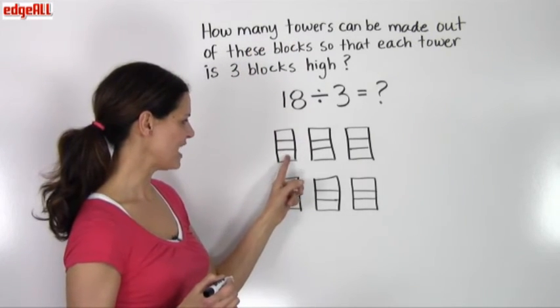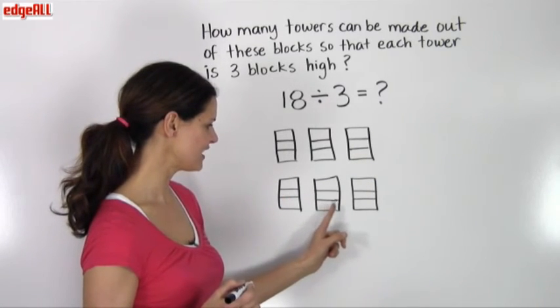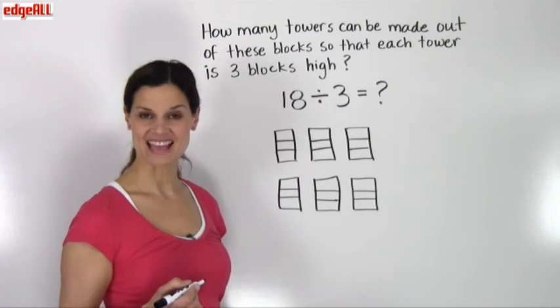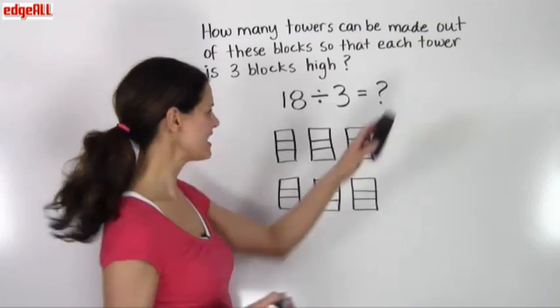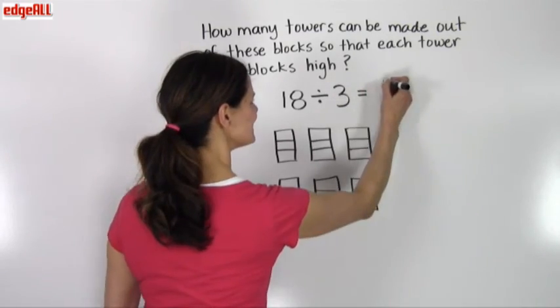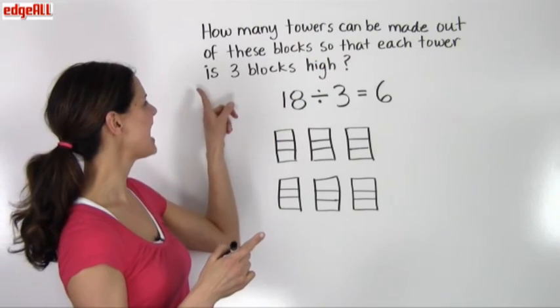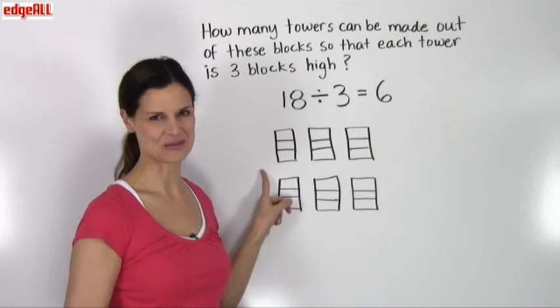I've made 1, 2, 3, 4, 5, 6. And so I can see the answer to my problem, 18 divided by 3 equals 6. I can make 6 towers out of 18 blocks where each little tower is 3 blocks high.